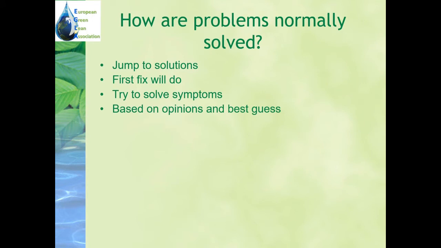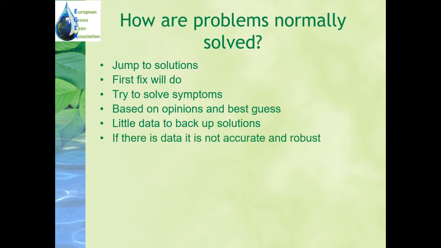Many times it's based on opinions or best guesses. The ones with the loudest voice get their way and things through. Typically there is very little data to back up solutions. And if the data is there, it's not accurate or it's not reliable.